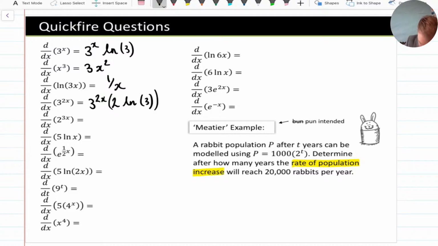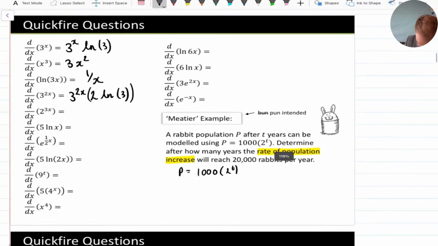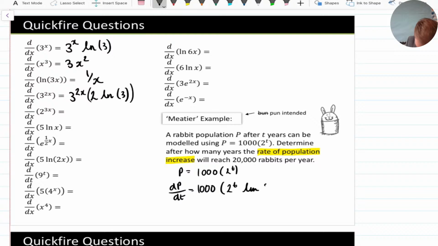So with this one, we're saying that P is equal to 1,000 times 2 to the t. When we're differentiating this one, you just differentiate inside of here. So dP by dt is equal to 1,000 times 2 to the t times ln of 2.